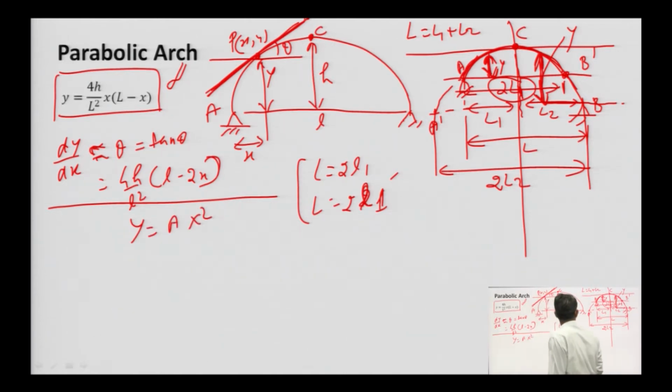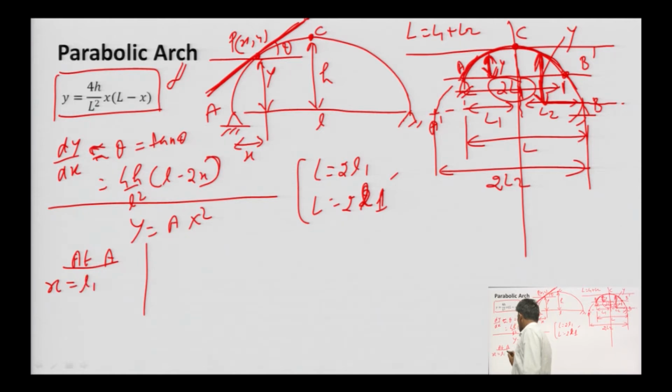At point A, we have x equal to L1 and y equal to H1, say the rise is H1. So, the equation we have is H1 equals a into L1 square.